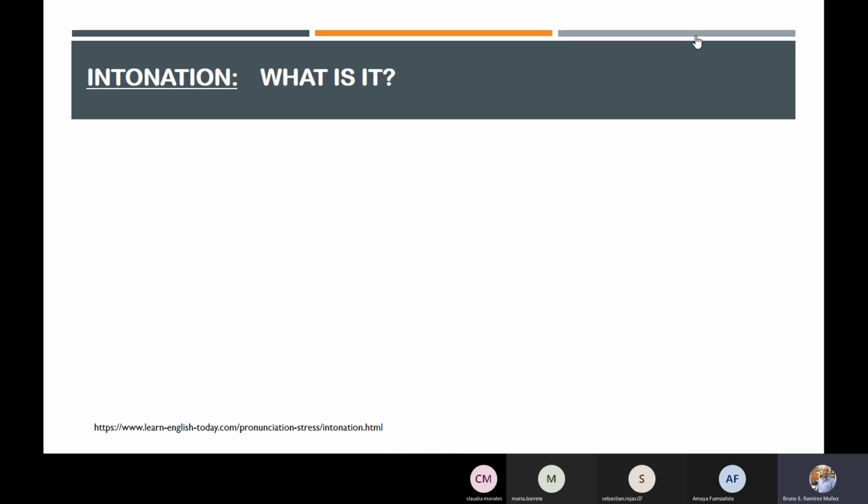So whenever we think of intonation, we think about a musical line.